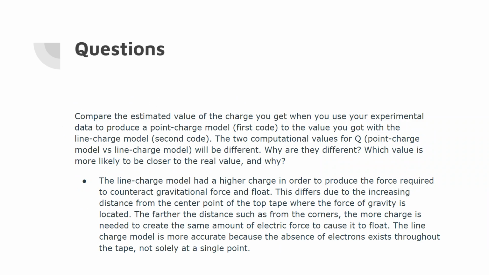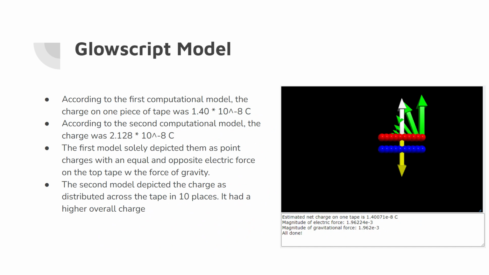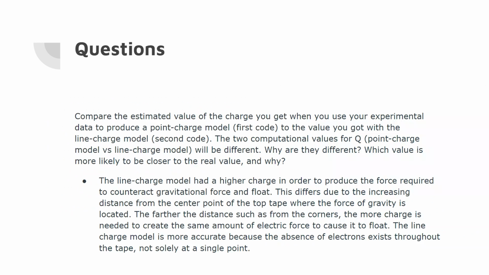If you look at it, the line charge model had a higher charge because it had to produce the same force required to counteract gravitational force and float, but it wasn't all at the center like the point charge model. This is because there was increasing distance from the center point of the top tape where the force of gravity is located, such as the locations in the corners, and you can see this in the top model where the green is smaller in the middle.